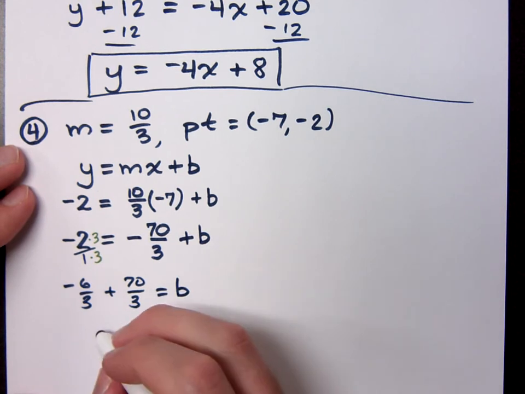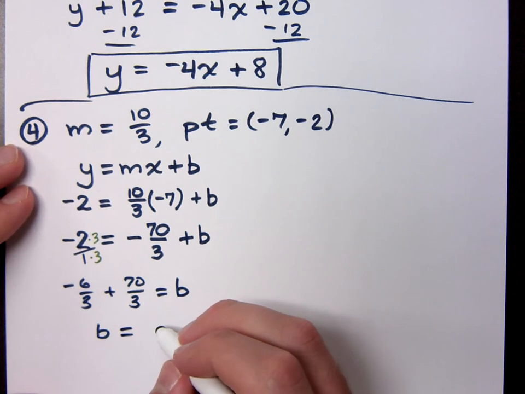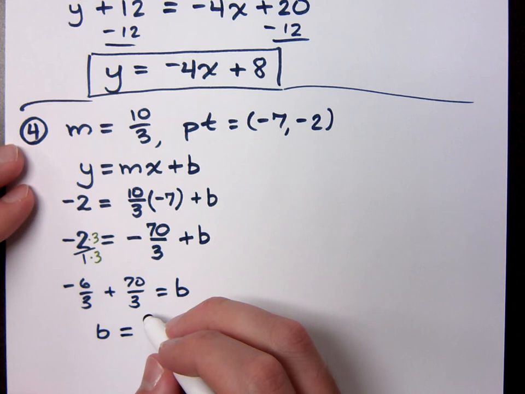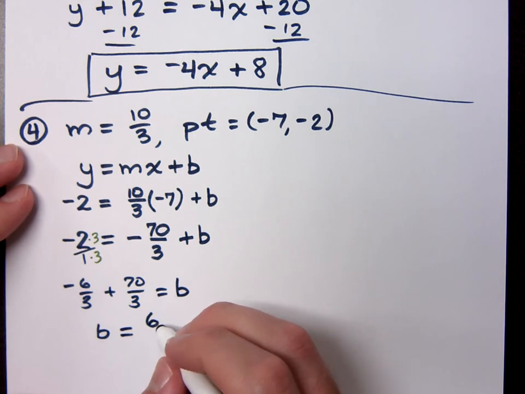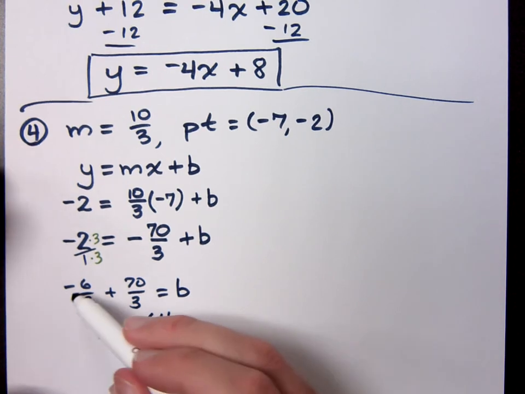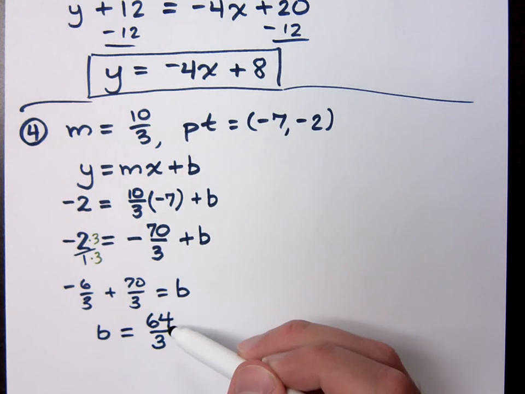So that means my b is equal to how much? I'll give you a hint. I guess you need a bigger hint. Oh, negative 76 over 3? No, it's a negative 6 and a positive 70, so 70 minus 6 is 64. Now, is this my answer?